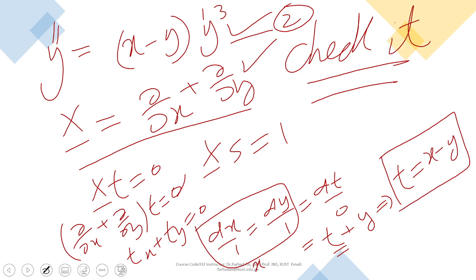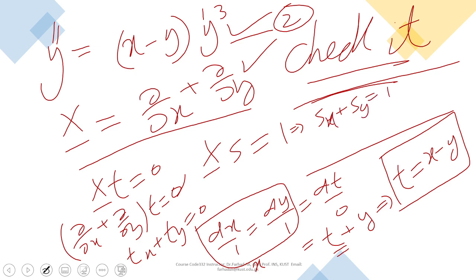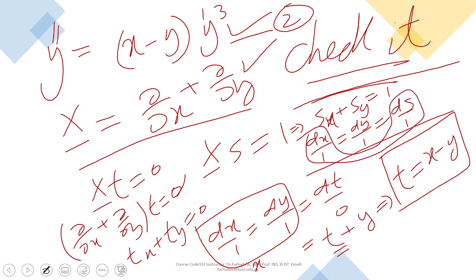And what is s? If I find s from this equation, it will be st plus sx plus sy equal to 1. So that means dx over 1, dy over 1, ds over 1. I am interested in this one. Solve this, and that gives me x is equal to s.